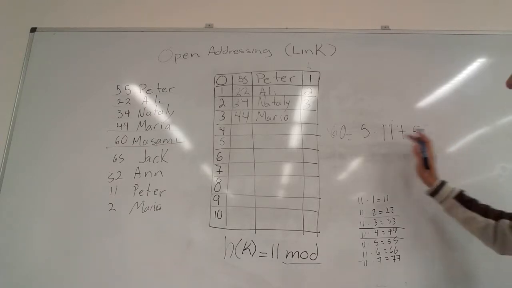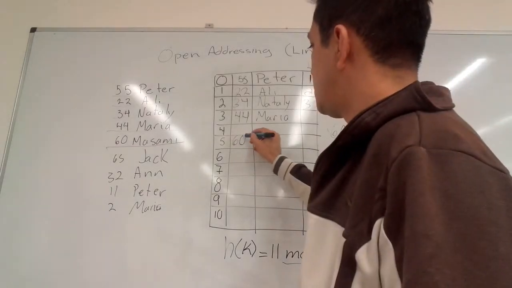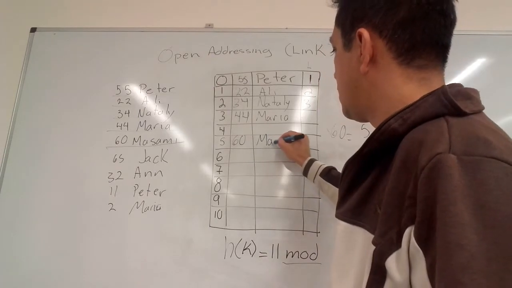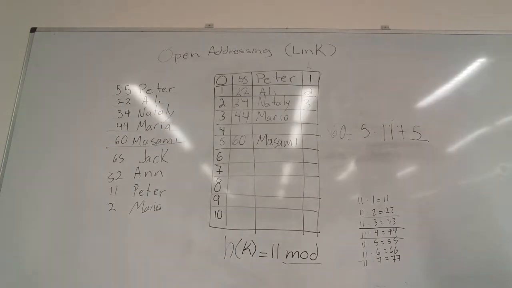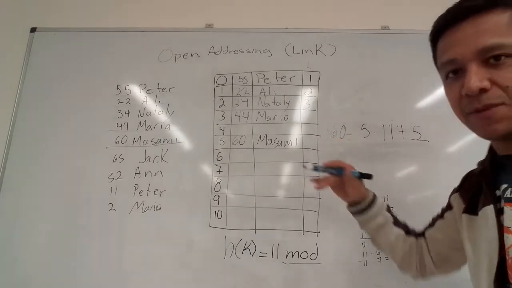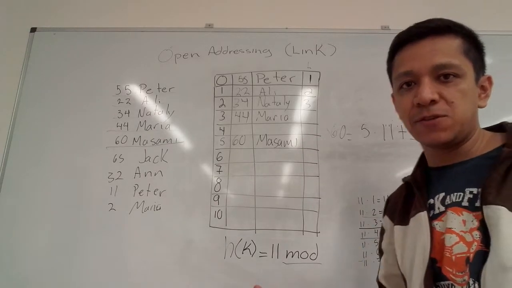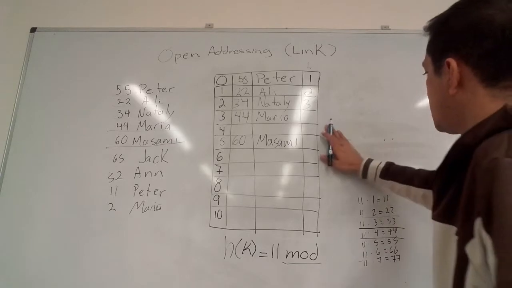So the mod will occupy this place with 60, using the name of Masami. We cannot put any link, because it doesn't occupy the place of another. So let's continue with the next one.